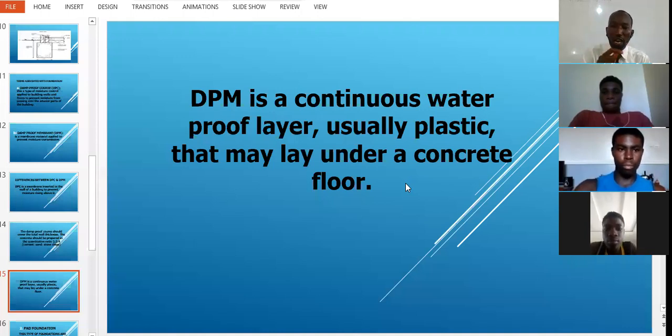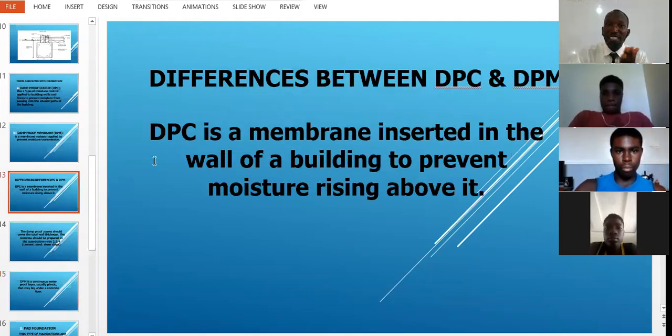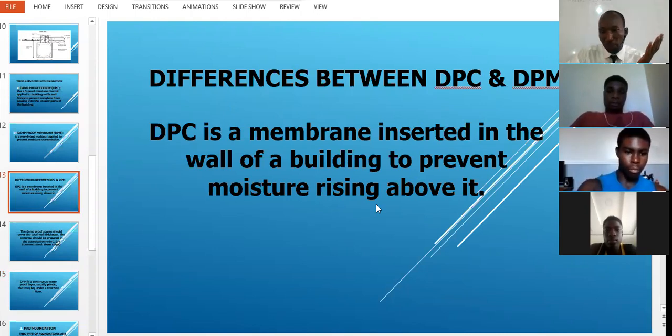So when you hear damp-proof course, it is associated with the wall, to prevent the wall from what? From moisture. We say DPC is a membrane inserted in the wall of a building to prevent moisture from rising above it. DPC protects the wall from moisture rising above it, while DPM protects the what? The floor.